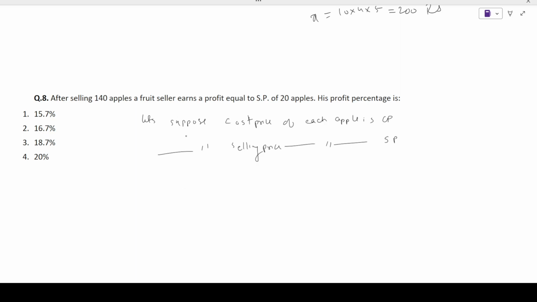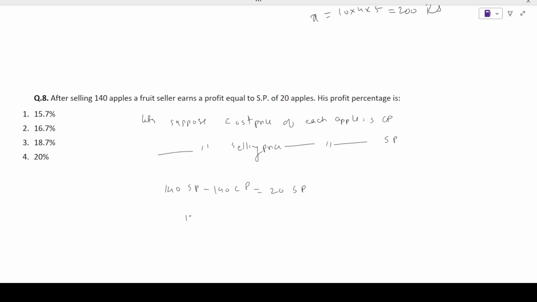The profit earned after selling 140 apples will be 140 selling price minus 140 cost price, which is equal to 20 apples' selling price.